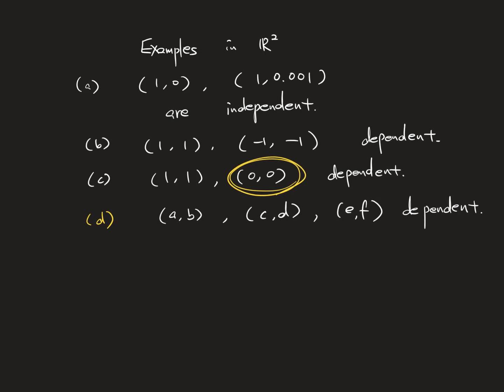The reason is that these three vectors are from two-dimensional space. We didn't define dimension yet, but that's why we selected three vectors, and in this case they are dependent. Or we can just make an equation like this, with columns (a, b), (c, d), (e, f), and we want to find x1, x2, x3 for this homogeneous equation.